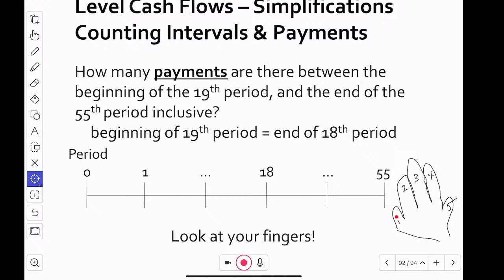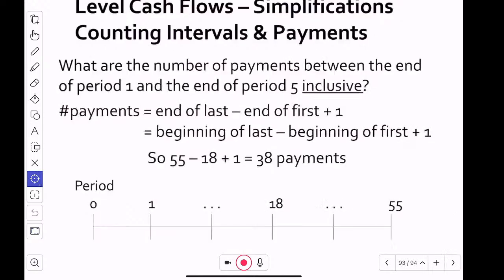I have to add one of the fingers back. So when you're asked for the number of payments, you have to take the end of the last period, 55, minus the end of the first period, 18, and add 1 back, and that will be 38 payments in between there, inclusive.